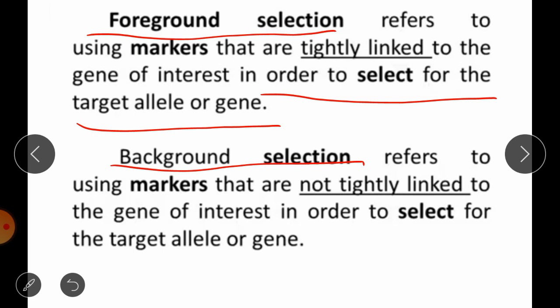So, in foreground selection, your markers are tightly linked to the gene of interest, which favors the direct selection of the target allele or gene, while background selection refers to markers that are not tightly linked to the gene of interest.